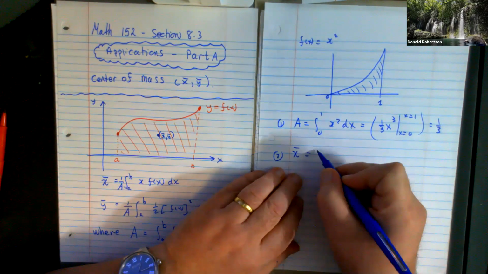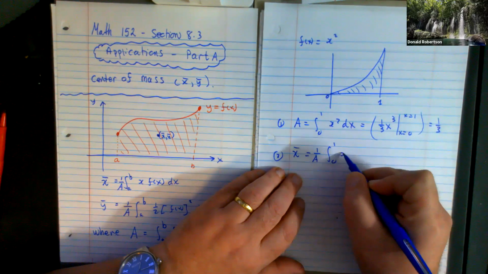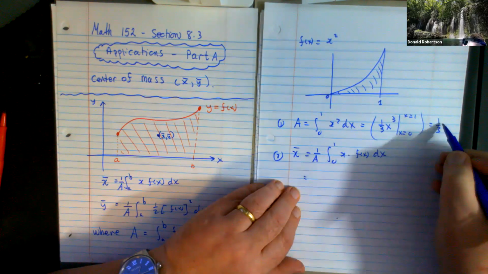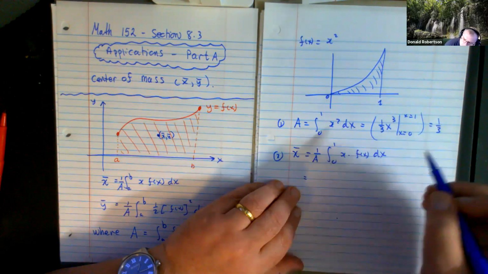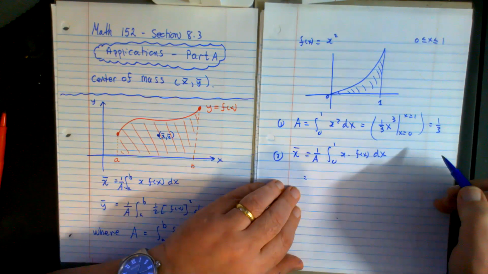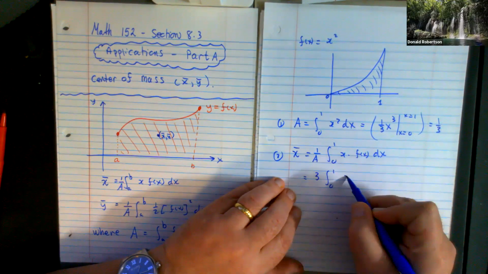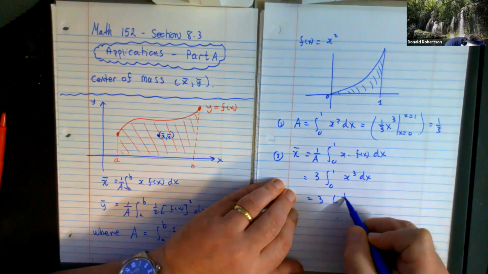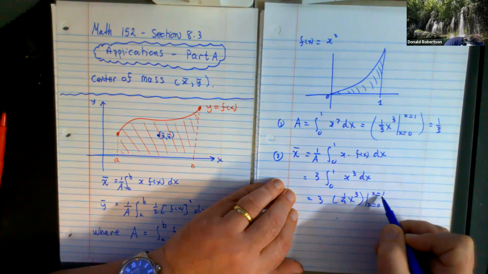It's going to be 1 over A, the integral from 0 to 1 of x f of x dx. 1 over a third. What's that the same as? 1 on the top, all over 1/3 in the bottom. 3. Right. So it's going to be 0 to 1. x times x squared gets you x cubed. Add 1 to the power, divide by the new power. And that gets you a quarter.